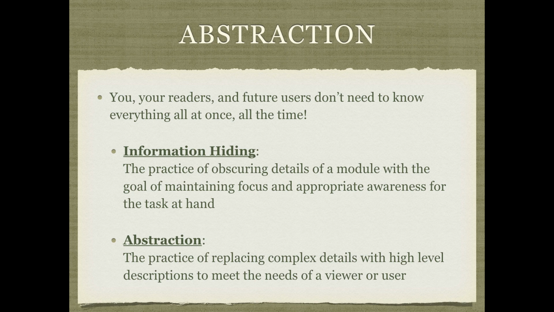The actual details of determining the dress code aren't as important. We don't necessarily need to know. So we can pull that information out, put it in its own module, and edit it separately. So that in and of itself is a concept of abstraction. The idea that we can replace complex details with high-level descriptions in order to meet different people's needs.